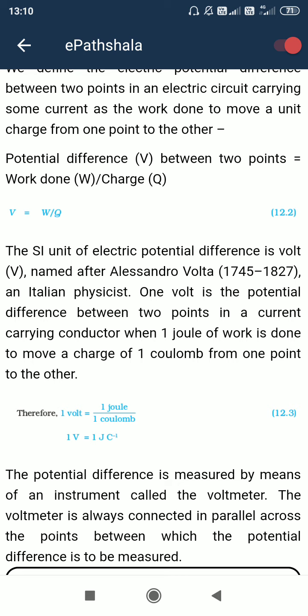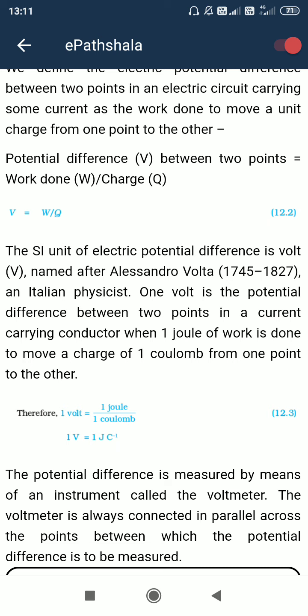Another formula is V is equal to W by Q. We need to remember here, V is the voltage, and voltage means the potential difference. Potential difference equals W by Q, work done divided by Q, the charge.